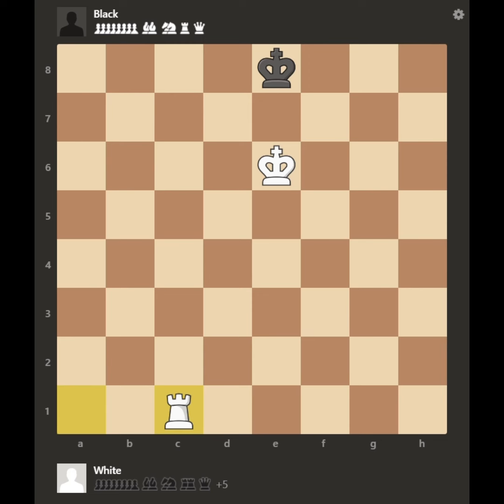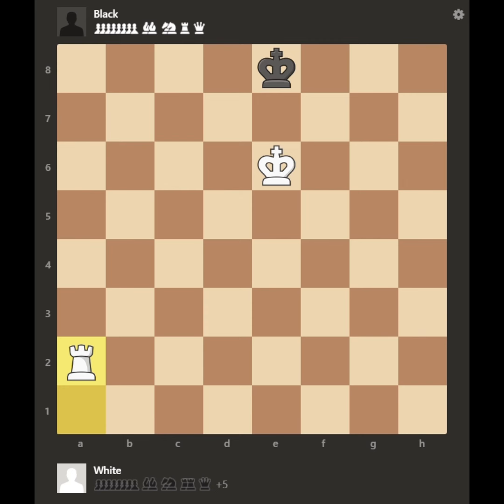A1 to C1, A1 to D1, A1 to E1, A1 to F1, A1 to G1, A1 to H1. You find out all possible moves.